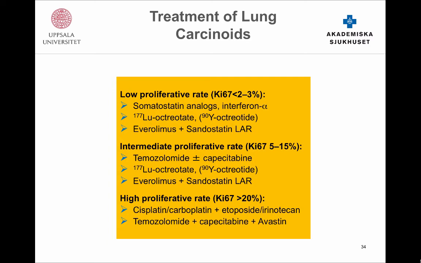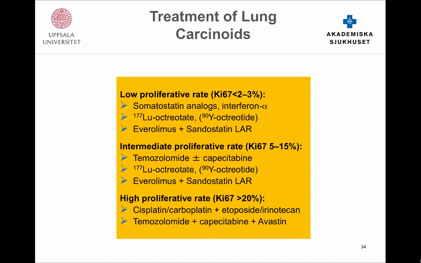High proliferative rate, above 20%. This is a difficult group. And of course, this has to be looked at more carefully in the future to see if we can subdivide it into smaller groups. But cisplatin and carboplatin plus etoposide is still a standard treatment.